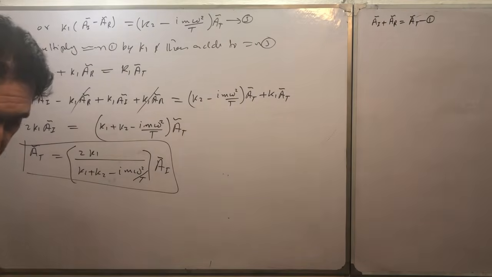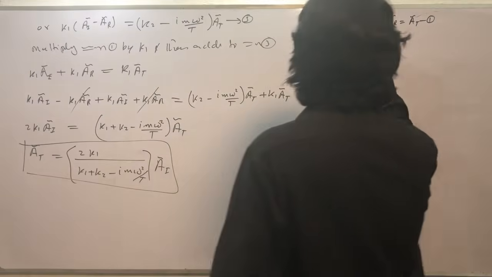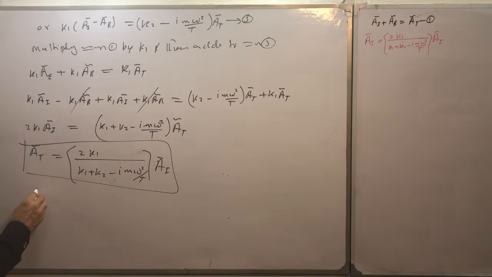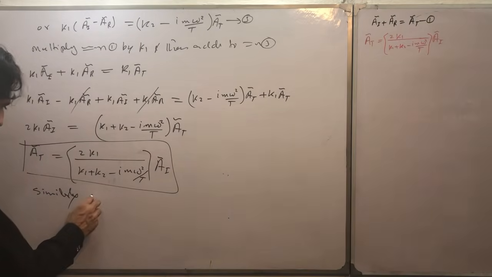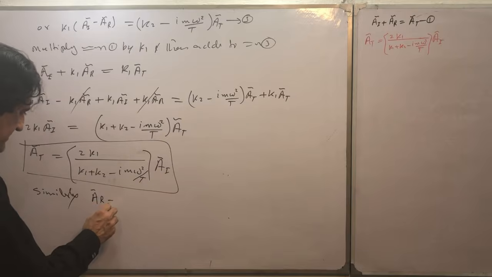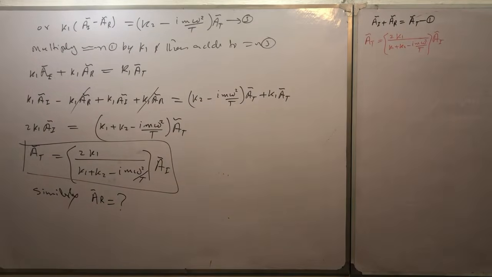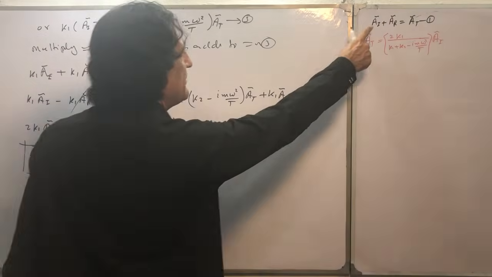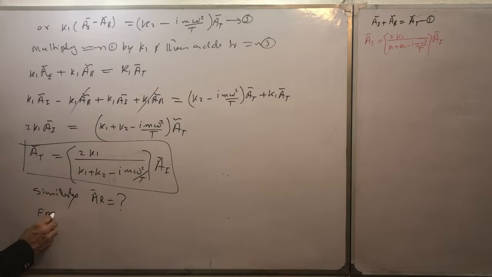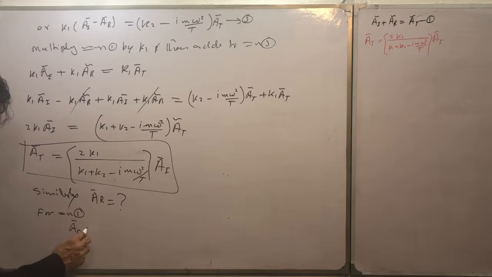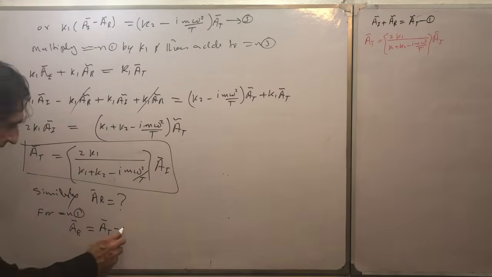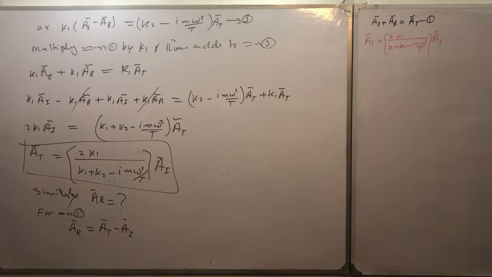Now I want to write this equation here. Similarly, we must find AR. If we find AR, then from equation 1, AR is equal to AT minus AI. This is very simple.